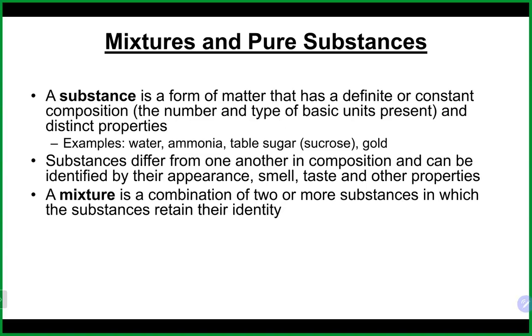Now, a mixture is when you take two or more pure substances and put them together. So, for example, if we had water by itself, that is a pure substance. If I took some sodium chloride or salt, that is a pure substance.